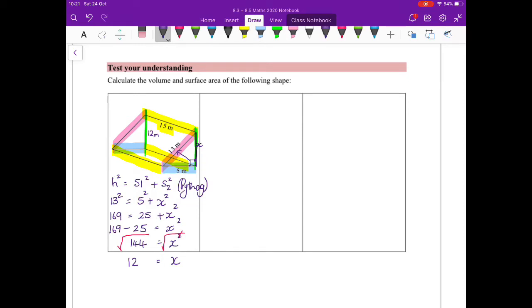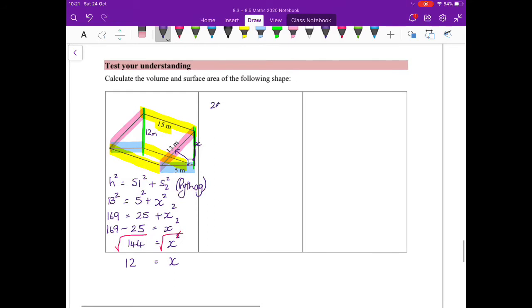Surface area, I have two triangles plus 3 rectangles, and all 3 of those rectangles have different dimensions. So let's do the triangles first. So the area of a triangle, so 2 triangles, is a half base times perpendicular height, and then I'm going to add the 3 rectangles, but I'm going to do this slightly differently this time.